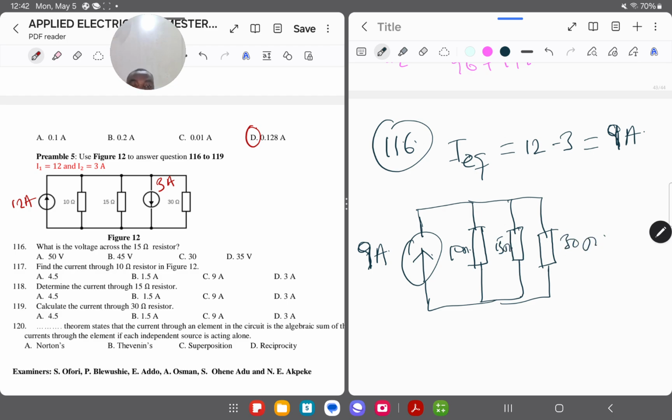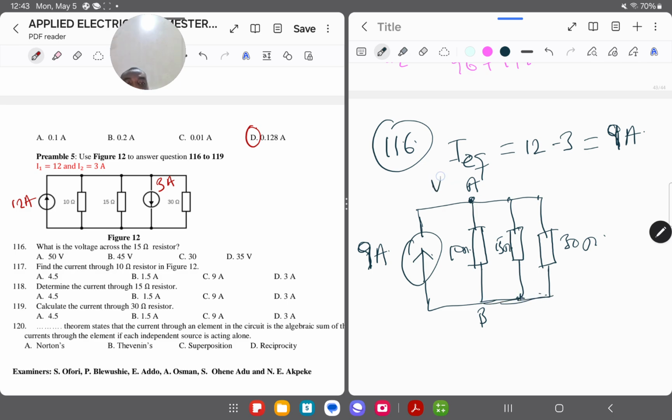Now that I have this, we are being asked to find the voltage across the 15 ohms resistor. There are several ways of going about this. Let's say we have the voltage at this node, VA. Let's say this is node A and this is node B. At node A, it's the same node, so node B here is also the same node.